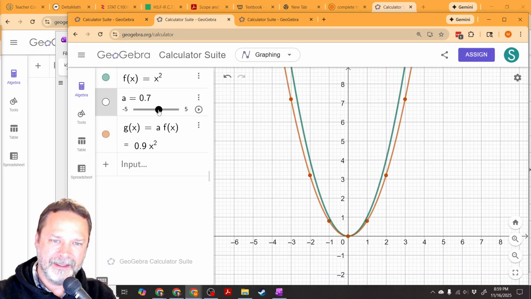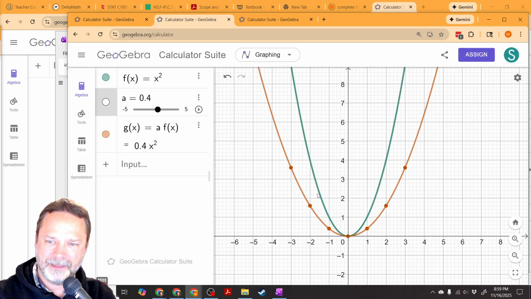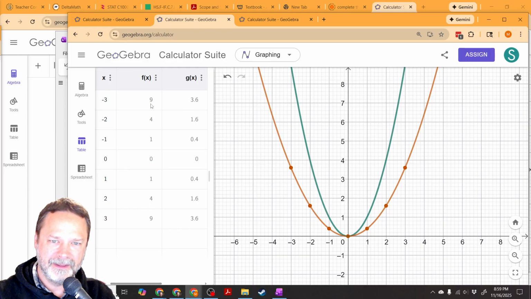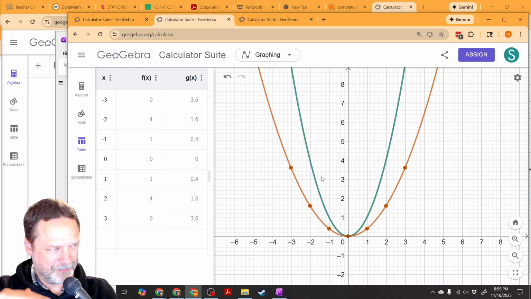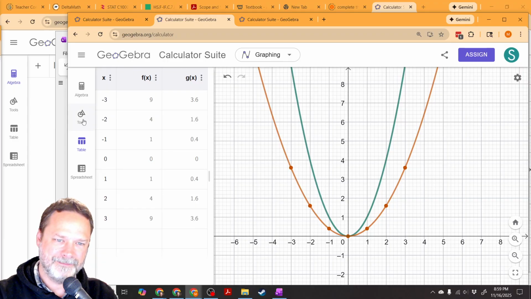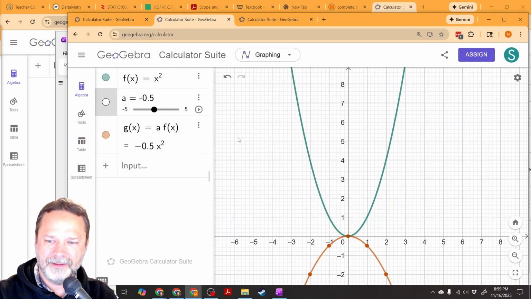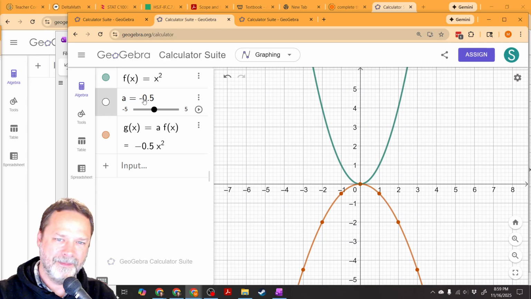And if I had a value between 0 and 1, like 0.4, now they're only 0.4 of what they used to be. And of course, you looked at the table. 0.4 of 9 is 3.6. 0.4 of 4 is 1.6. 0.4 of 1 is 0.4. So it's getting compressed in that case. And if we go further, of course, negative, it gets flipped because you have a negative, in this case negative 0.5 of x squared.